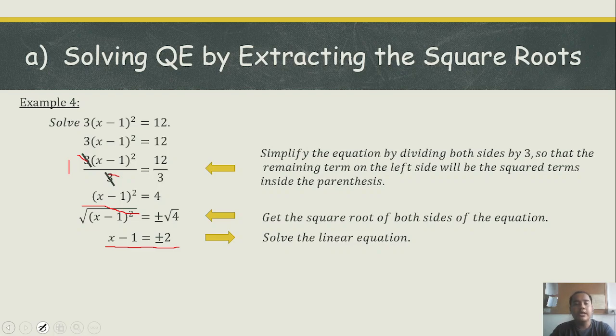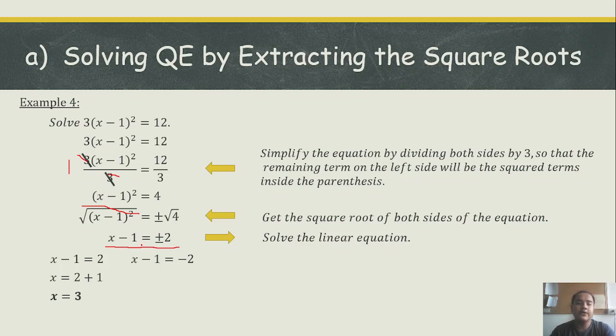So, pwede natin i-separate into two groups of linear equation dahil meron tayong positive and negative 2. Yung gagawin lang class, magiging x minus 1 is equal to positive 2. Then, the other one is x minus 1 is equal to negative 2. Then, i-perform na natin yung solving.